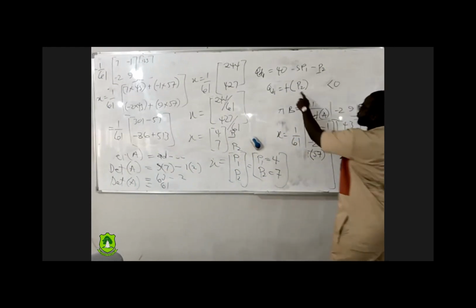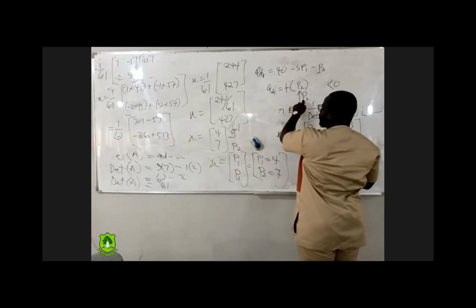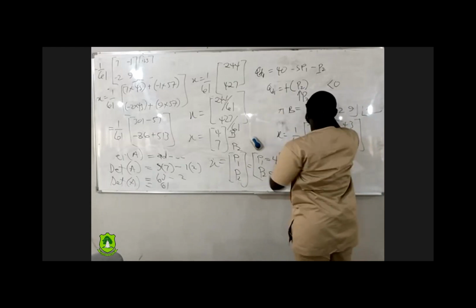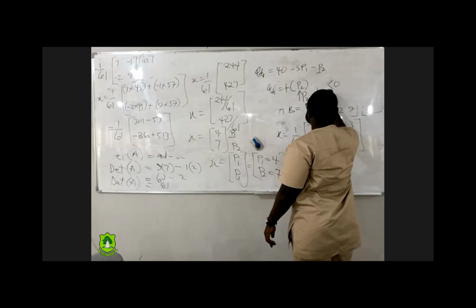What does that mean? An increase in the price of the other good, which is P2, will do what?